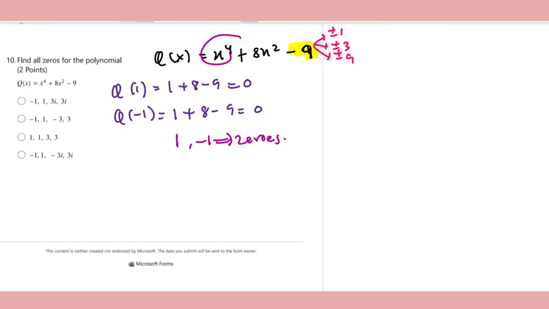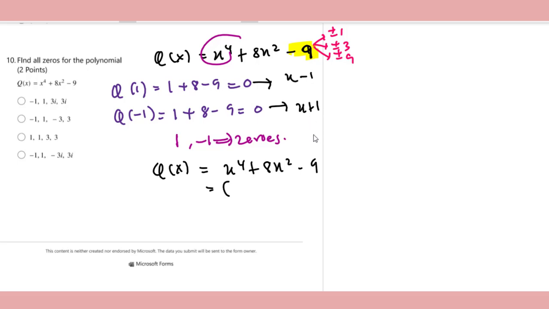Try to factorize. Q(x) equals x to the power 4 plus 8x squared minus 9, and then the linear factors. Consider x minus 1 and x plus 1, two linear factors. We need to find the rest.